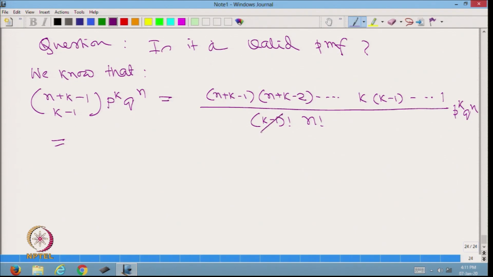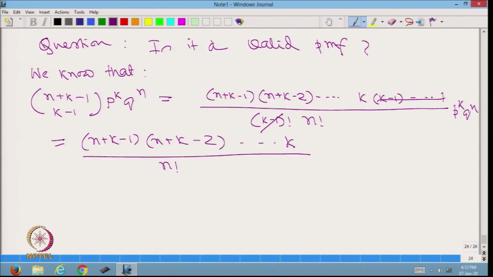is equal to, if we cancel this part, we get n plus k minus 1 into n plus k minus 2 up to k divided by n factorial p to the power k q to the power n, which is equal to minus 1 to the power n. Note that there are n many terms here, k plus 0, k plus 1 up to k plus n minus 1.